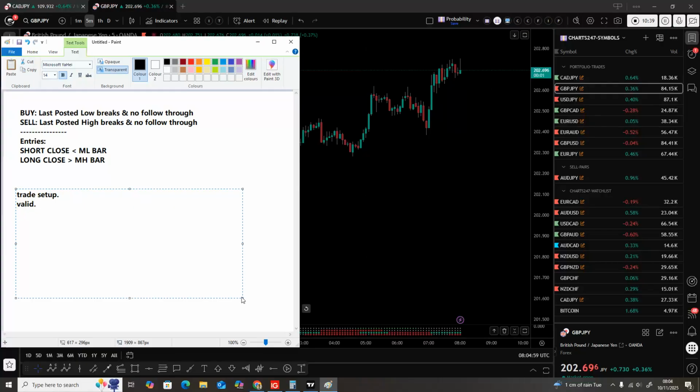So valid trade setup, let's write this properly. Valid trade setup. Once you have a valid trade setup, then you move to the next part, which is entry.